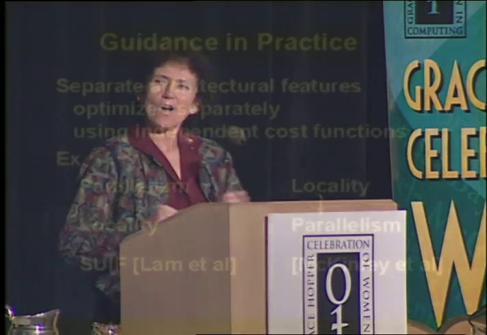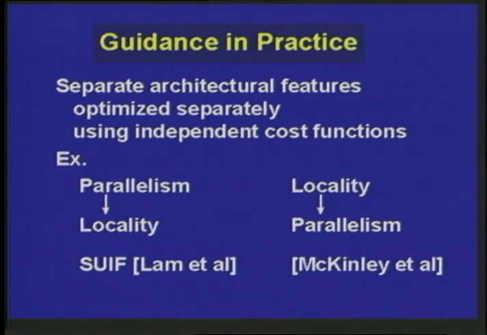So now we're back to practice to see where we make these judicious choices in terms of writing optimizing compilers. And what's often done is to take separate architectural features. We've got parallelism, or we've got cache, and we want to have good cache locality. And to take those architectural features and optimize separately for each of those features. So it's a kind of divide and conquer strategy.